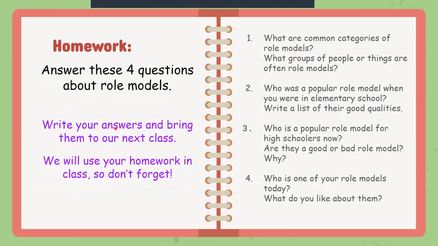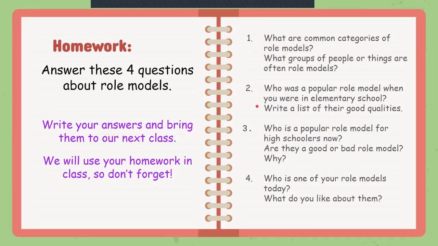Here are the 4 questions one more time. Remember to bring your answers to our next class. Number 1. What are common categories of role models? Or what groups of people or things are often role models? Number 2. Who was a popular role model when you were in elementary school?